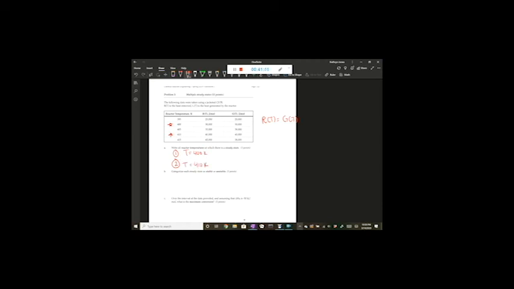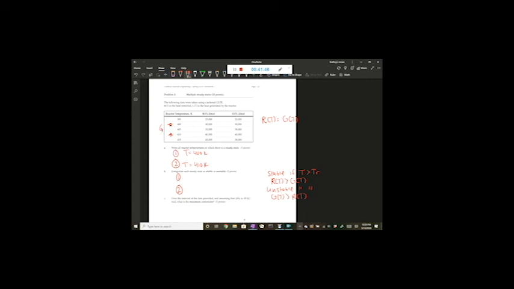We have to categorize them as stable and unstable. Just like last time, a couple problems ago from the 2018. It's stable if at T higher than T of reaction, R of T is greater than G of T, and unstable if G of T is greater than R of T. So looking at the 400, we're going to look at this 405 point.